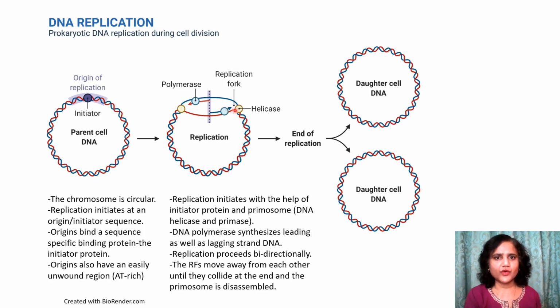So there are two forks moving away from each other, and they keep on progressing, and new DNA keeps on getting synthesized until at the other end they collide with each other, and then the primosome is disassembled, and DNA replication is completed, resulting in the formation of 2 copies of the chromosome, that is 2 daughter chromosomes.